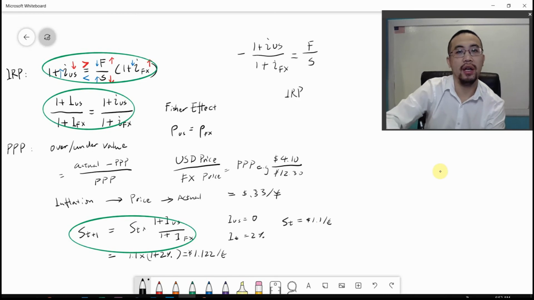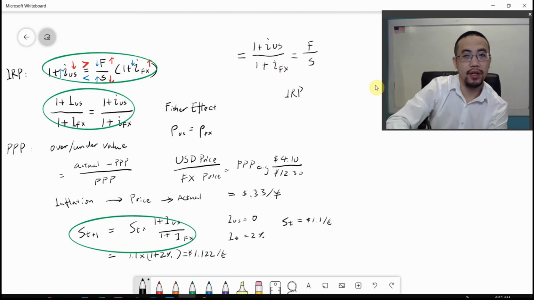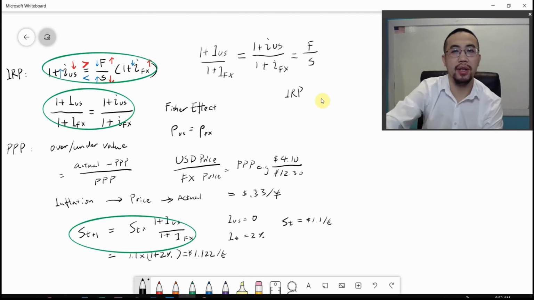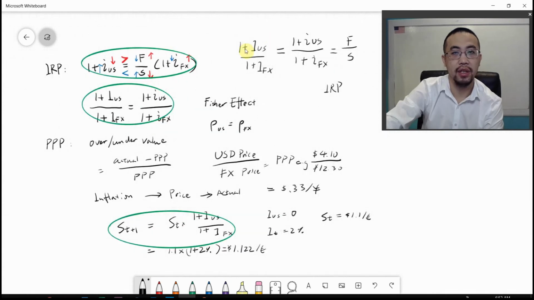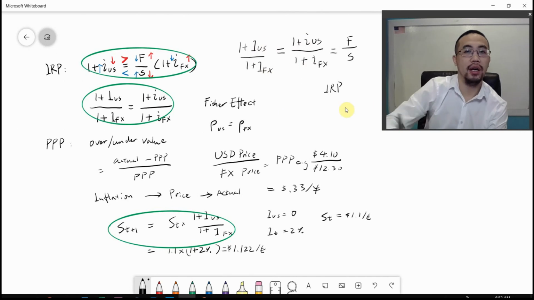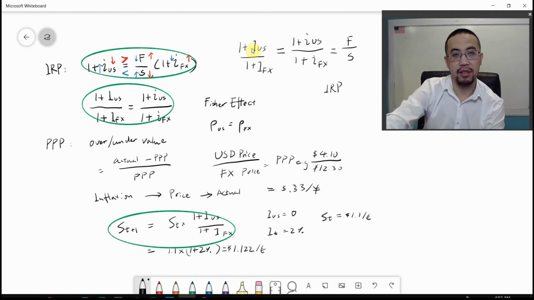And if I equalize this part of the equation to 1 plus the U.S. inflation over 1 plus the foreign inflation, then you should immediately recognize that the interest part is equalized by the Fisher effect.